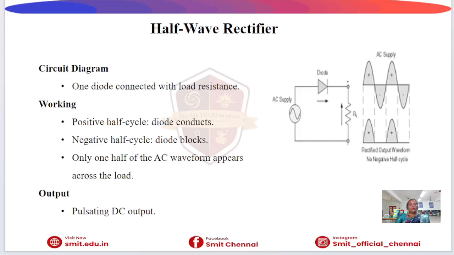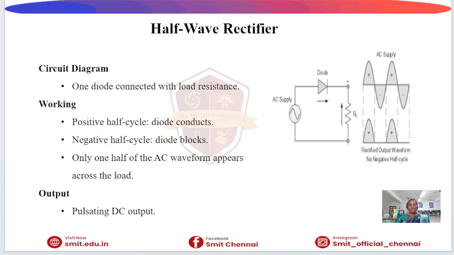The half-wave rectifier is the simplest type of rectifier circuit. It consists of a single diode connected in series with a load resistor. During the positive half cycle of the AC input voltage, the diode becomes forward biased and allows current to flow through the load.